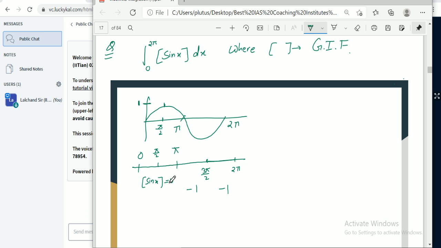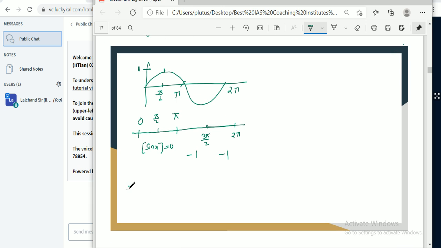Okay. So we can calculate this as the integral from pi to 2 pi of minus 1 into dx, since in the whole interval this is minus 1.